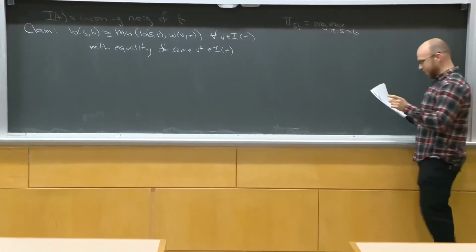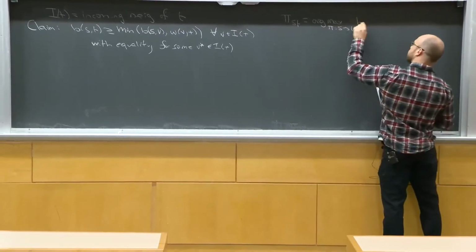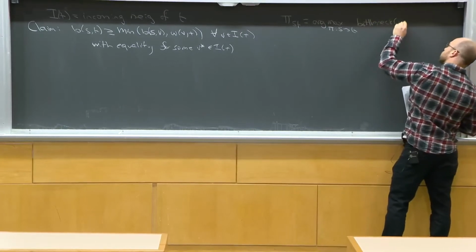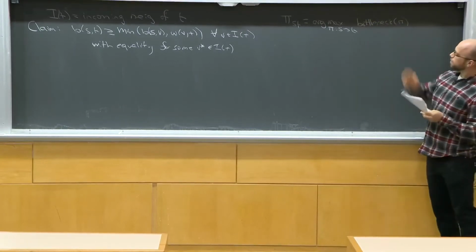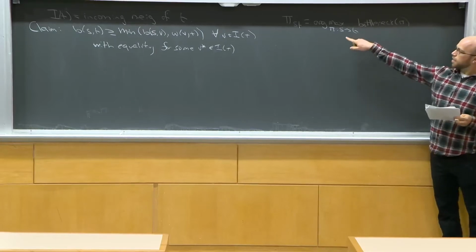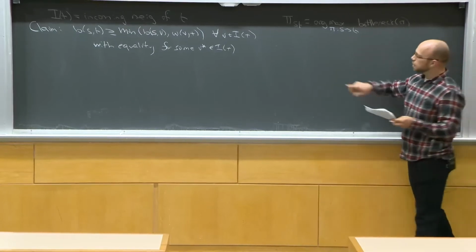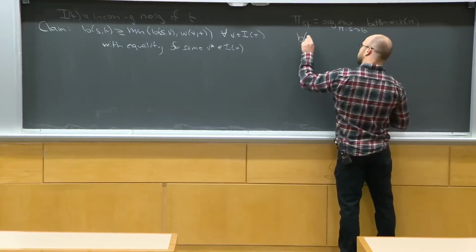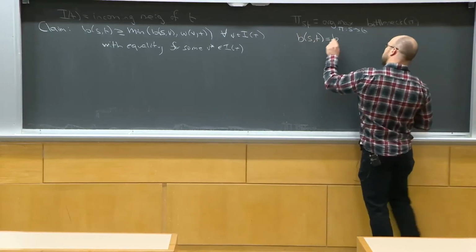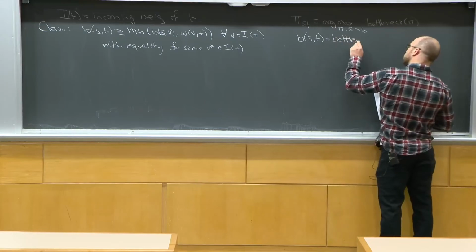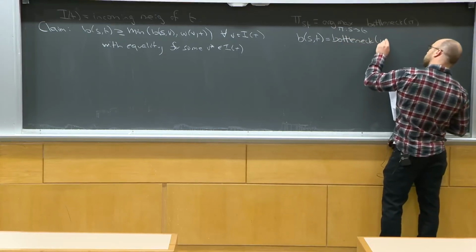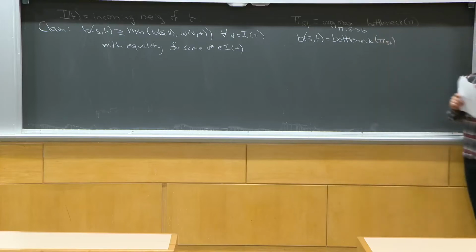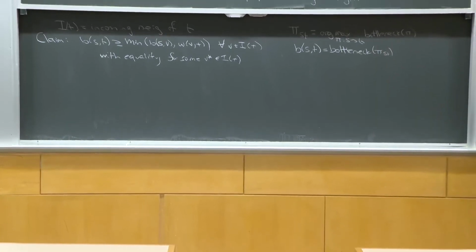That's how we're going to think of the bottleneck. So in other words, this is the path that actually realizes this quantity b, right? So b of s comma t is equal to the bottleneck of pi of s comma t. This is convenient for me because reasoning about that path makes some sense.